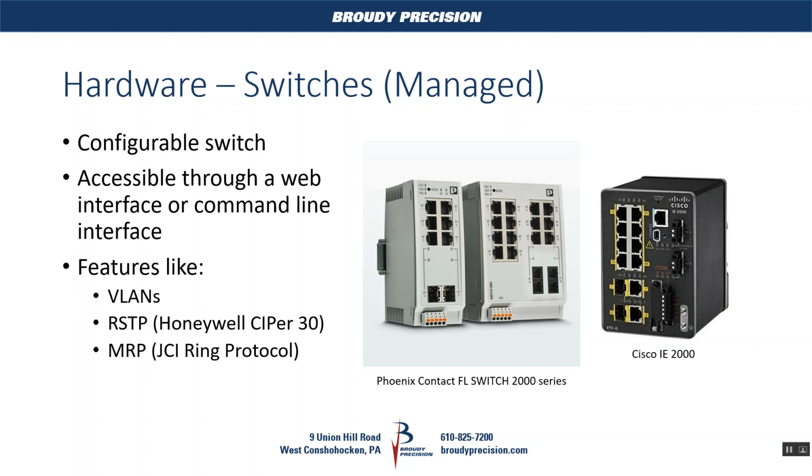Most of these switches will let you do the configuration through a web interface or a command line interface, and they also will take an SD card so that you could build up a configuration of how you like your switches set up typically, and pop that SD card into the switch, and the switch will pull the configuration off the SD card and be off and running.